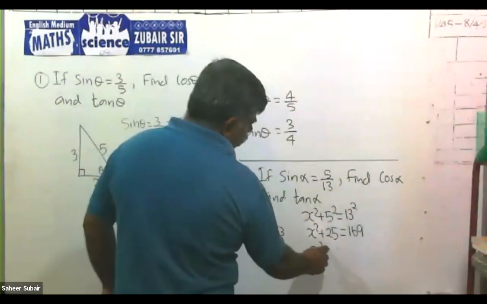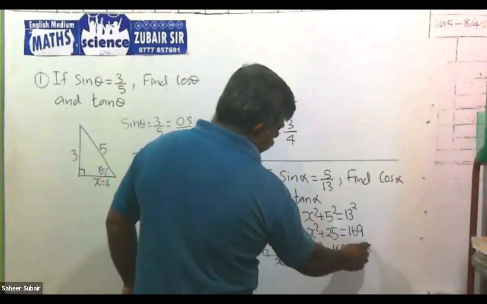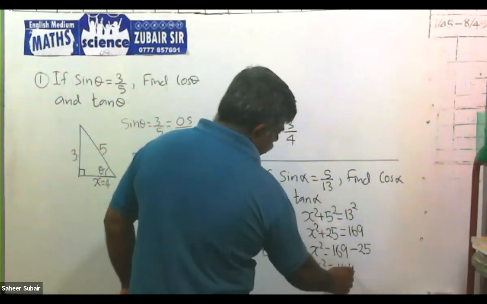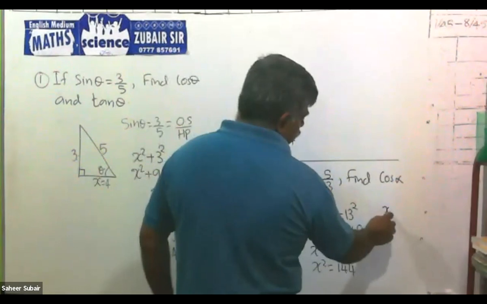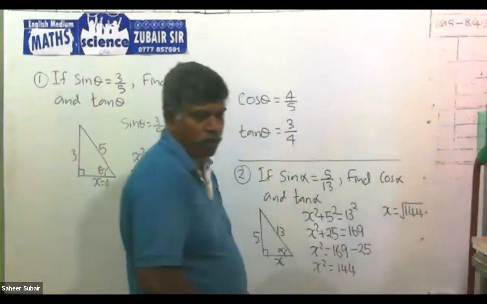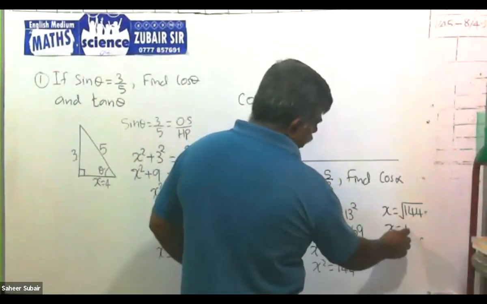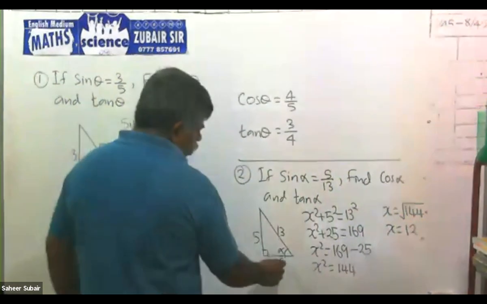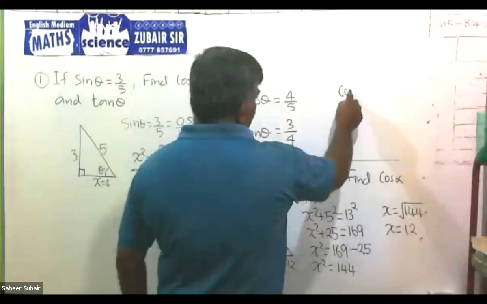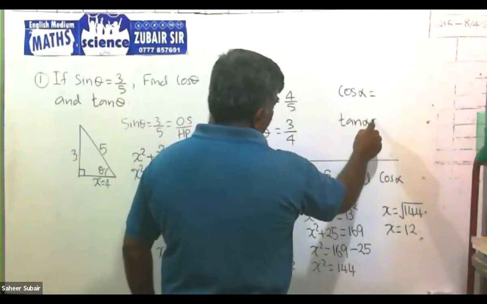Then x squared equals 169, and if you take 25 to the other side, minus 25, x squared equals 144. To find x, we take the square root of 144. What is the square root of 144? 12. So x equals 12. Now you know x equals 12, so you can write cos alpha and tan alpha.